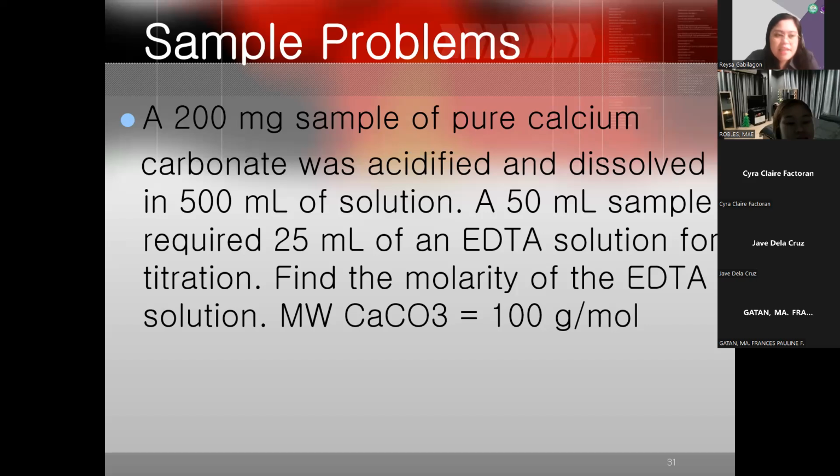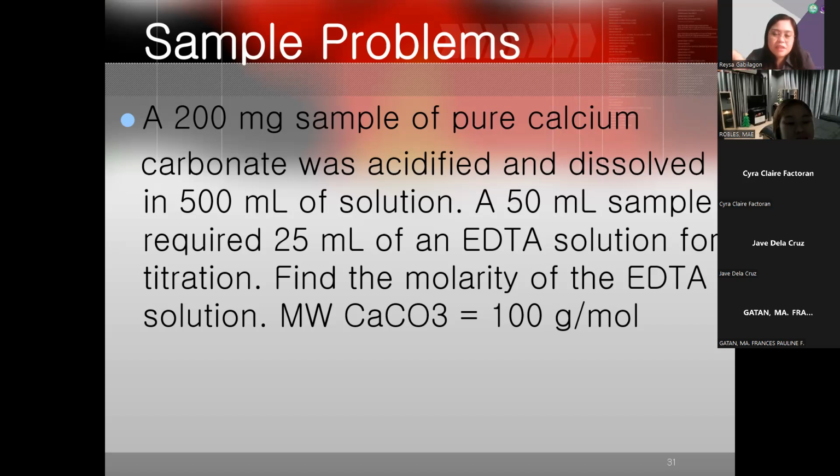Most likely, it's a change in color, or also in the complexation method, still a change in color of the solution. Even in volumetric precipitometry, there is still a change in color together with the formation of the precipitate. So it's still the same. Almost similar, it's just that they differ in terms of the analyte.